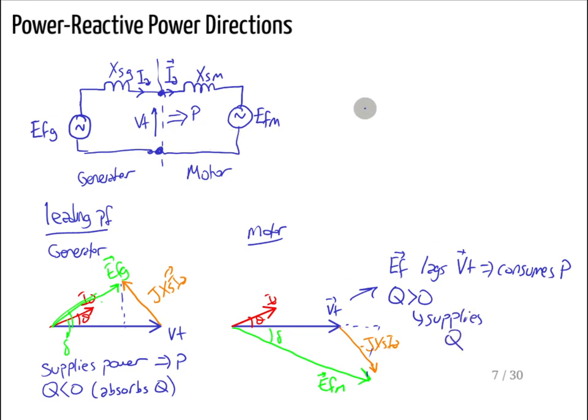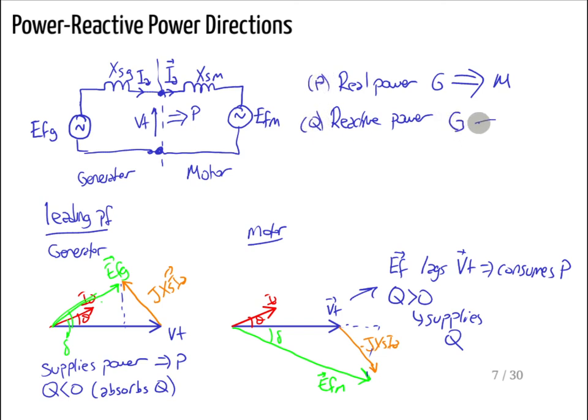So in this example, this is the motor, this is the generator. Real power flows from generator to motor. But if you look at the reactive power, this is Q. Reactive power actually flows from motor to generator.